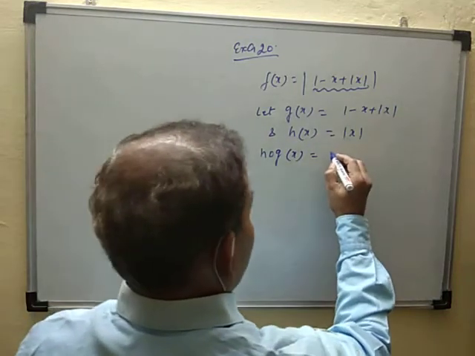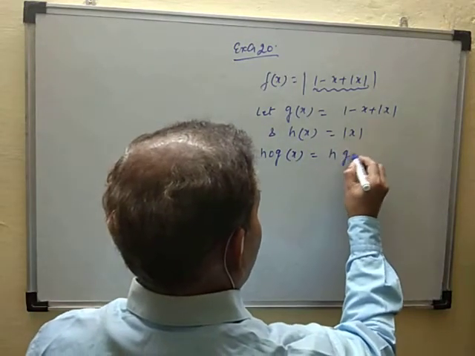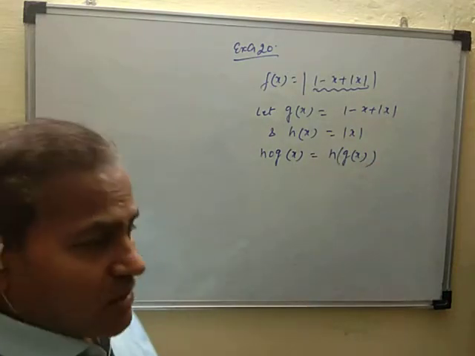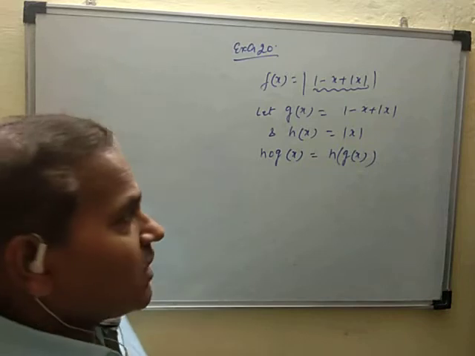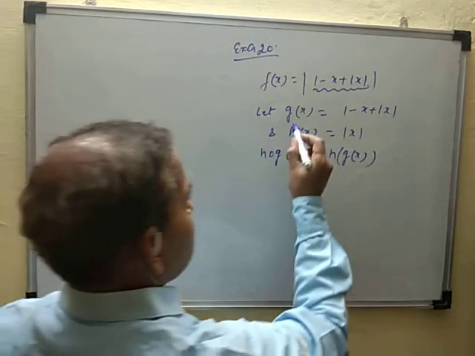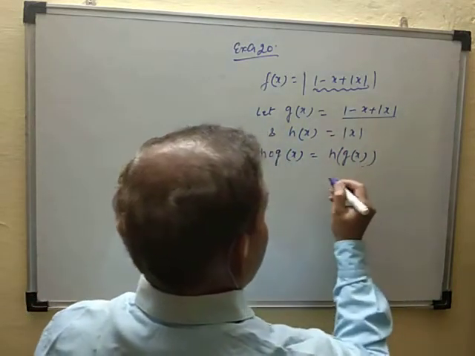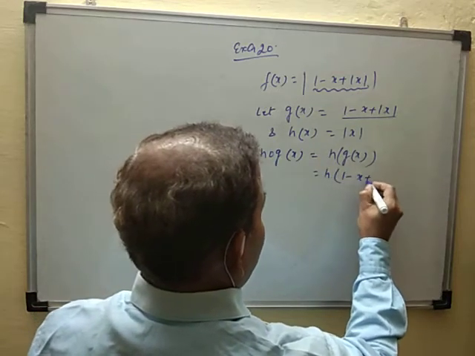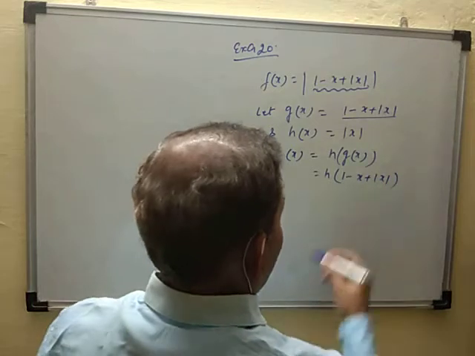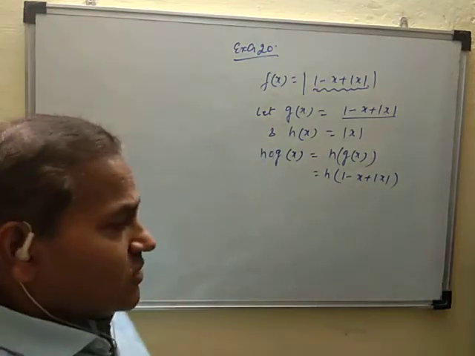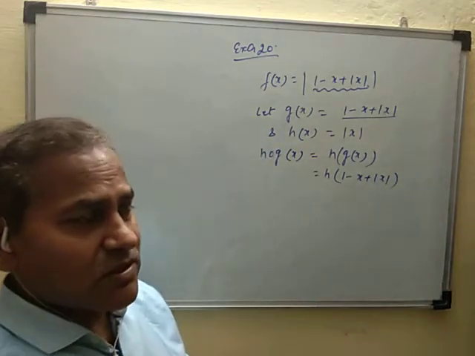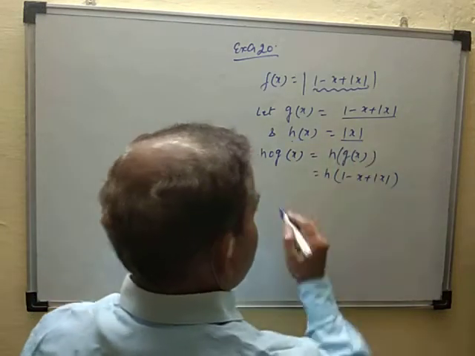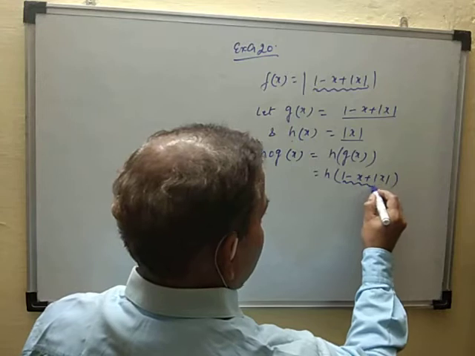So by definition h of g of x, and what is the value of g of x? This is the value of g of x. So this is equal to h of 1 minus x plus mod x. And since h of x is equal to mod x, this whole is x.